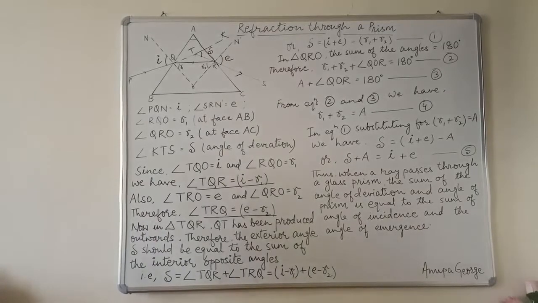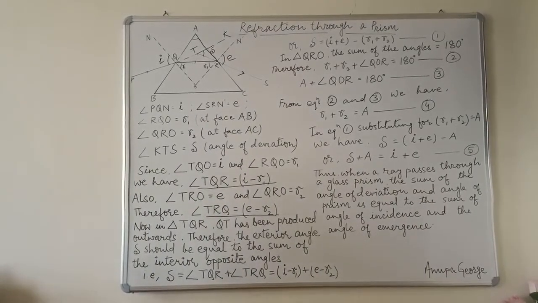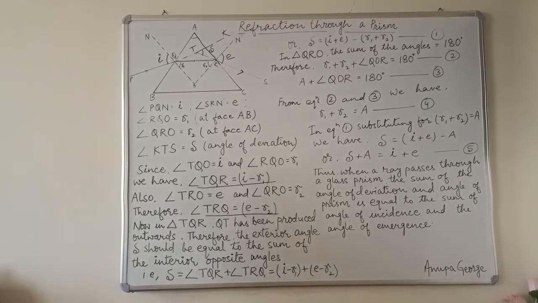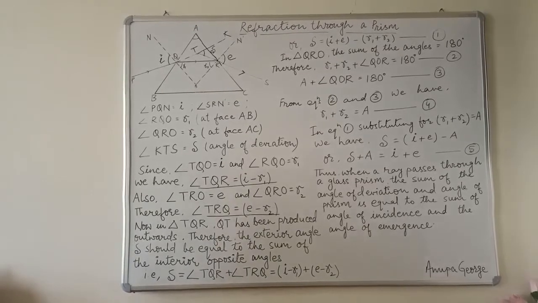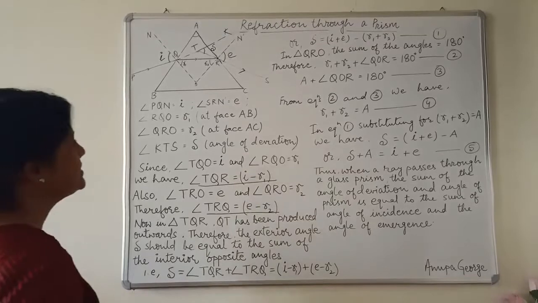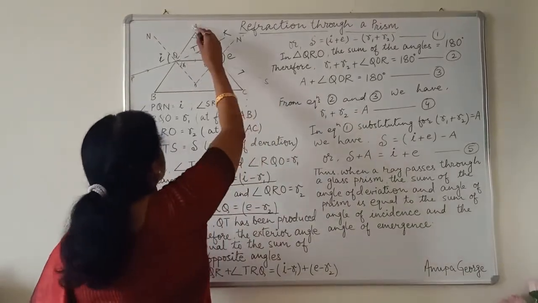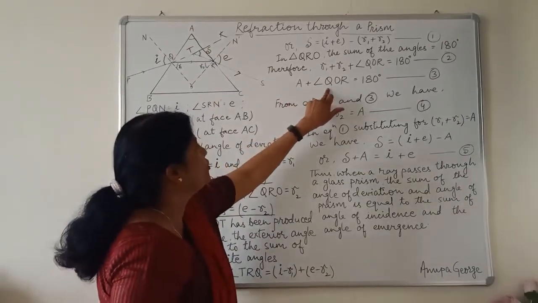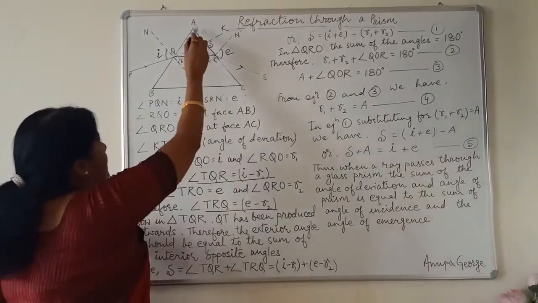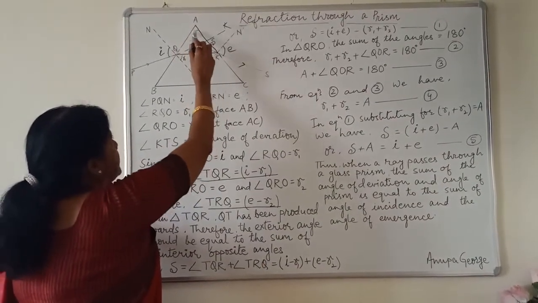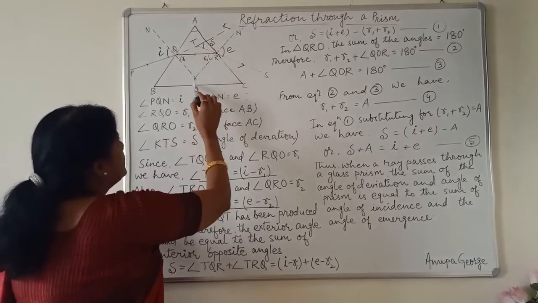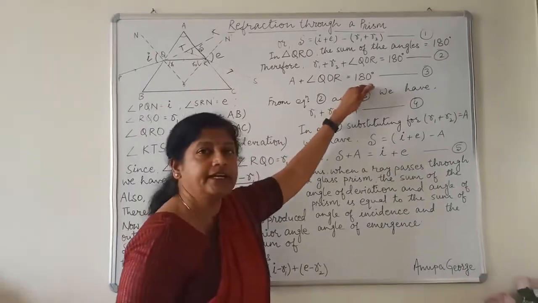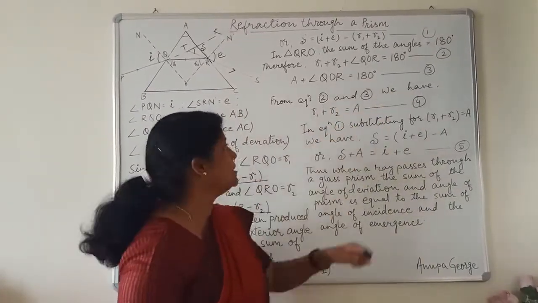Since the sum of the four angles of a quadrilateral is 4 right angles, the sum of the remaining two angles should be 180 degrees. That is, the angle of prism A plus angle QOR is equal to 180 degrees. Put it as equation number 3.